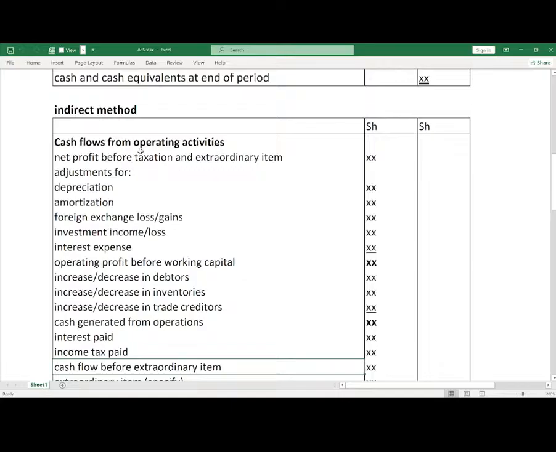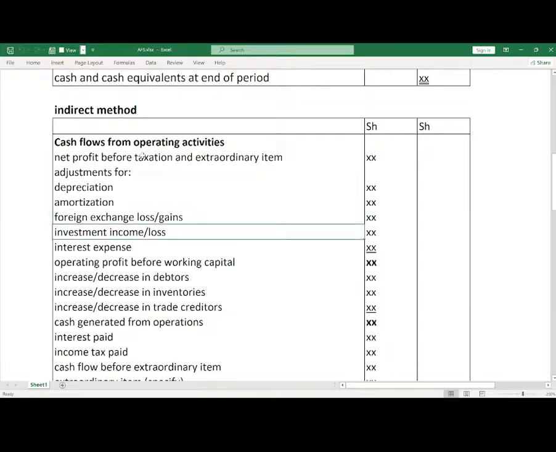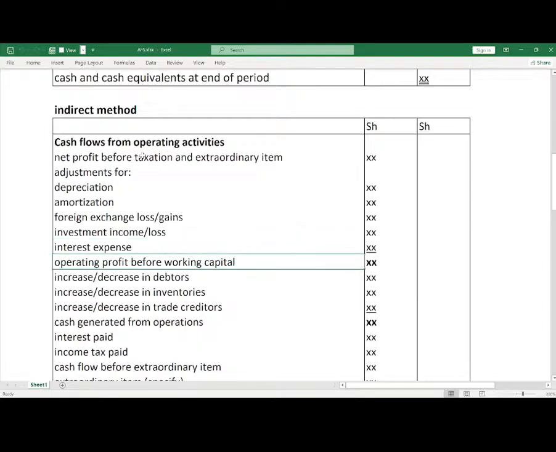So we start with the net profit before taxation and any extraordinary item. So we have to do the adjustment for depreciation, amortization, foreign exchange loss or gain, investment income, loss, and interest expense. So we get the operating profit before working capital, because working capital must be adjusted as well.